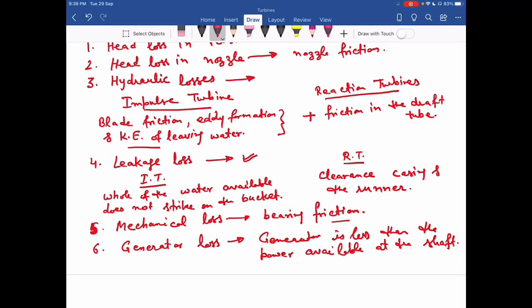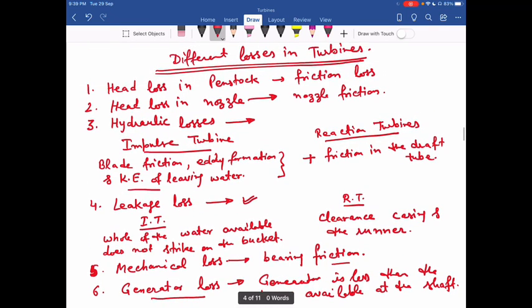That difference is due to the generator loss, which may be in the form of some winding losses or humming in the generator. The losses which occur in the generator come under the category of generator loss. Okay, so these are the various losses in the turbines.